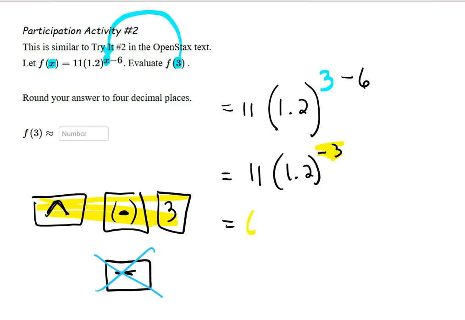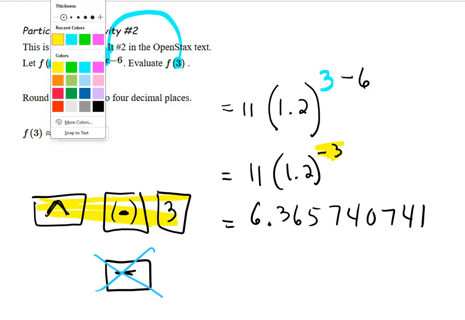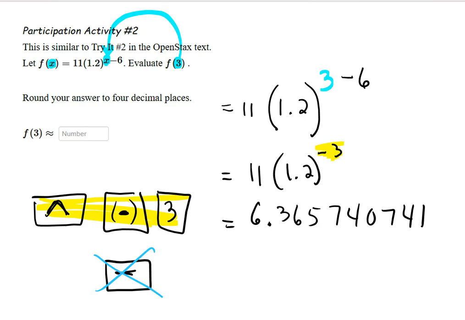And my calculator displays 6.365740741, but Mobius has asked me to round your answer to 4 decimal places.